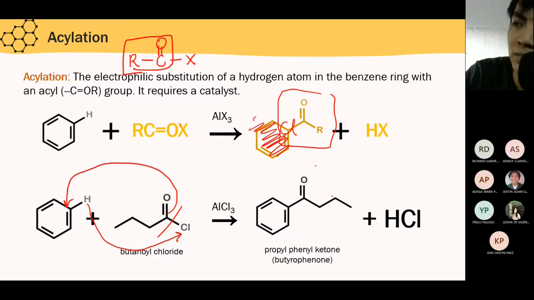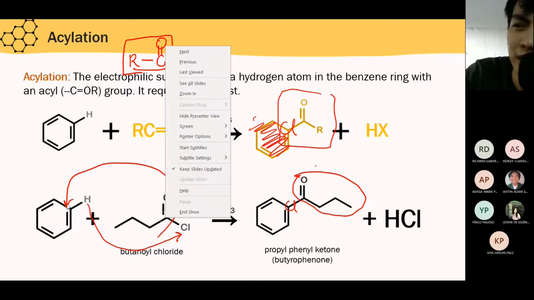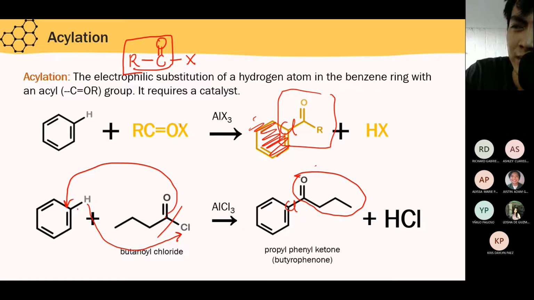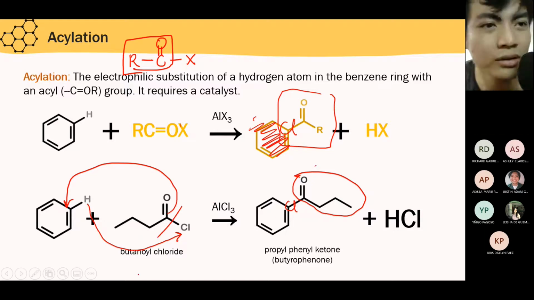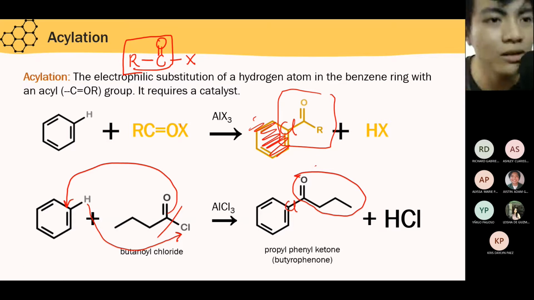Alamin mo lang, ito yung acyl group ko, palitan mo lang ng halogen yan. Yun yung i-react ko dun. Okay? And then, yung carbon ng carbonyl, yung kakabit dito sa benzene, and then yung hydrogen matatanggal, mapapalitan ng Cl. Okay? So, katulad lang din siya ng ibang reaction. Alamin mo lang kung ano yung kailangan mo ikabit.